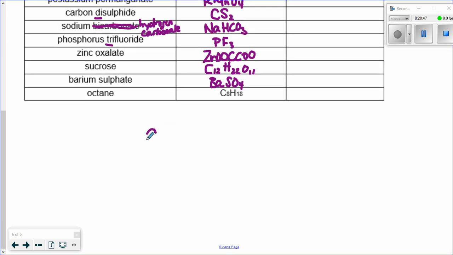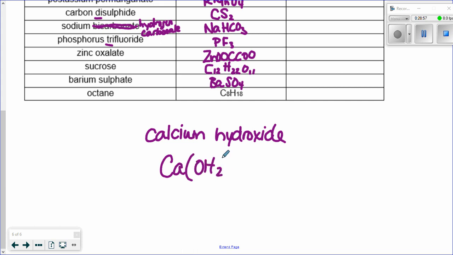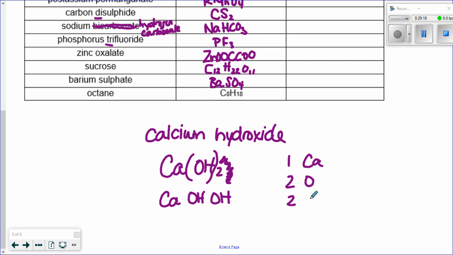But calcium hydroxide, which we wrote the chemical formula as Ca(OH)2. Oh, let's put the bracket in the right spot, Tanya. Ca(OH)2. So what that represents is 1 calcium and 2 of those hydroxide. So 1 calcium, 2 oxygen, 2 hydrogen. So calcium is 40.08.